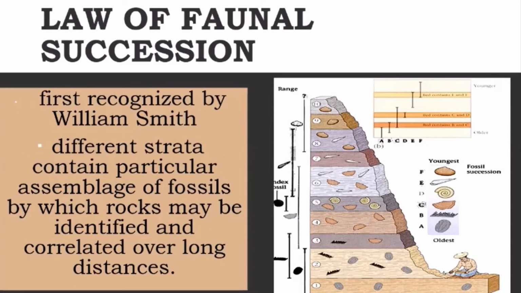According to him, different strata contain particular assemblages of fossils by which rocks may be identified and correlated over long distances. Speaking of correlation, we will talk about it later.